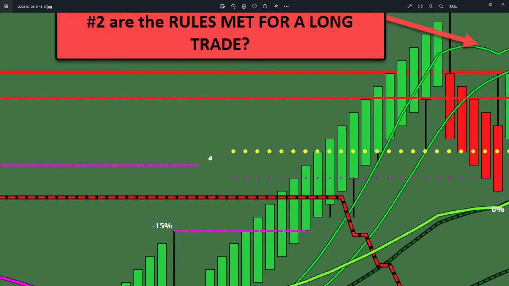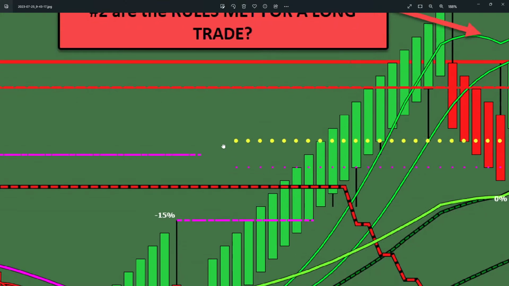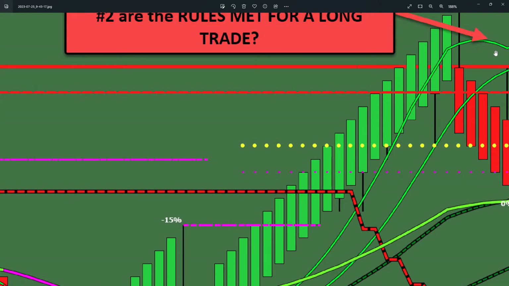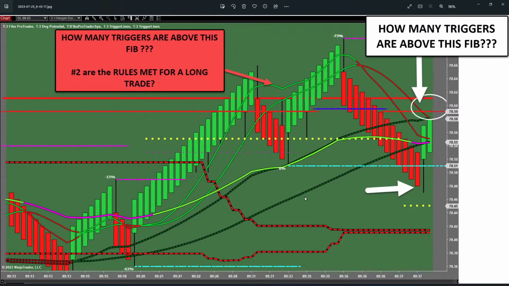Is that what you're telling me? With only half of one trigger line above it, and this trigger line below it, and this trigger line well below it, this is how everybody loses all of their money. You don't go long into resistance when none of the triggers are physically above it. You can, but you're going to end up losing. They're going to run up, and then eventually, we'll see what happens.